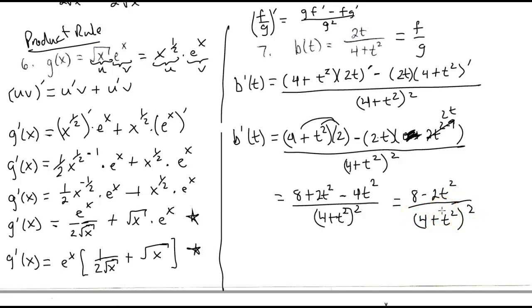And so we could factor out a 2 out of the numerator if we wanted, but it's not going to really change much for us here. So you could write it like this if you wanted, but here is where it is acceptable to stop. All right, so let's look at our next few examples.